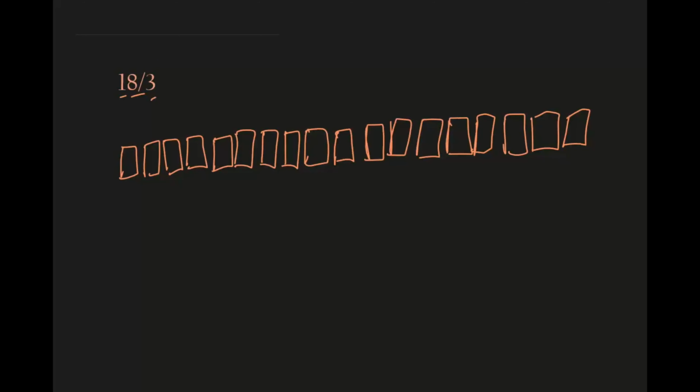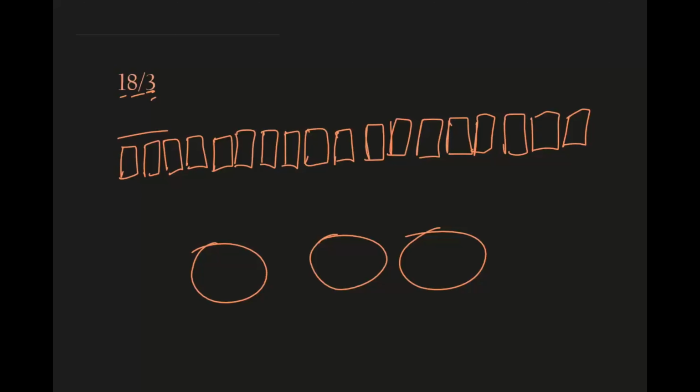So each of these represents one book. And let's say we have 3 people, because we have 3 people right here. So we're going to draw circles for the people. 1, 2, and 3. Now we're going to divide these rectangles, or books, into 3 different pieces, 3 different sets.